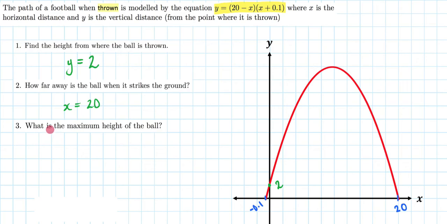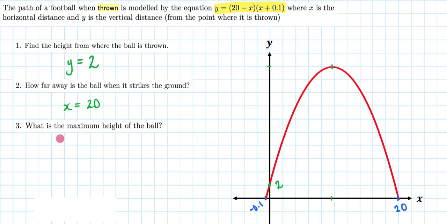Next, we need to figure out what is the maximum height of the ball. So it's asking me to figure out what this point is here. To figure out what the maximum height is, I'm first going to figure out what my x is going to be to produce my maximum y value. And to figure that out, all I need to appreciate is the fact that it's going to be halfway between 20 and negative 0.1.